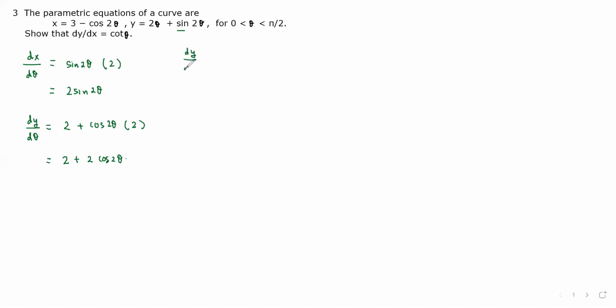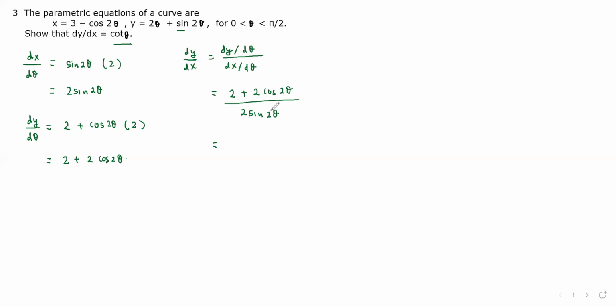dy/dx is given by dy/d theta over dx/d theta. dy/d theta is 2 plus 2 cos 2 theta, and dx/d theta is 2 sine 2 theta. What we need to show is cotangent theta.